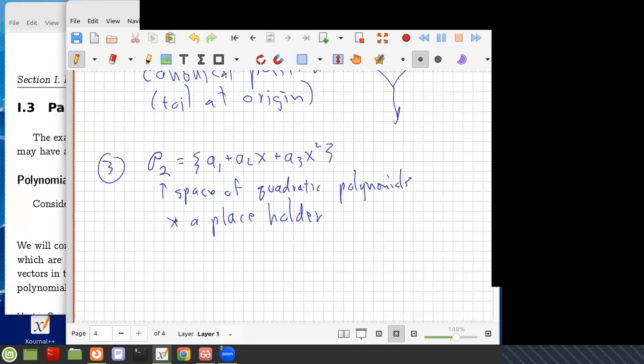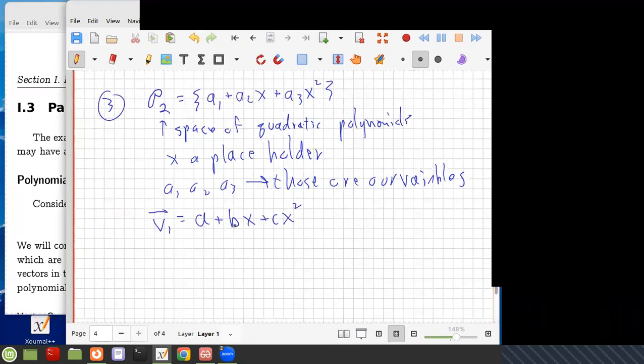X is like an indeterminate. It's a placeholder. And A1, A2, and A3 are our variables. We could say V1 equals A plus BX plus CX squared.